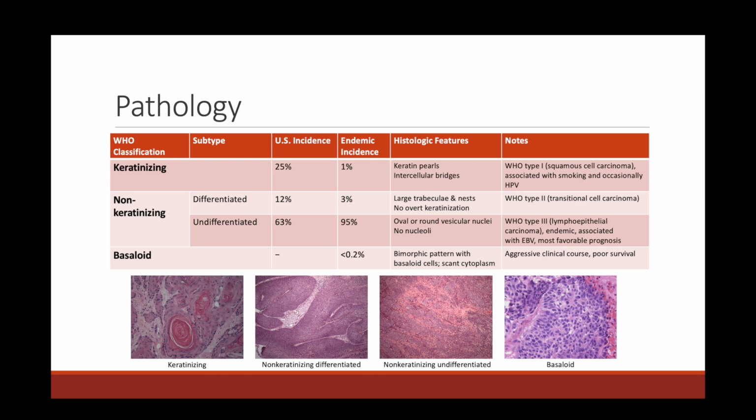And again, realize that the histology that we see in endemic areas is lymphoepithelial carcinoma, WHO type 3. So this is a totally different histology than what we see for our run-of-the-mill head and neck cancers. And this is the one that's associated with EBV infection.